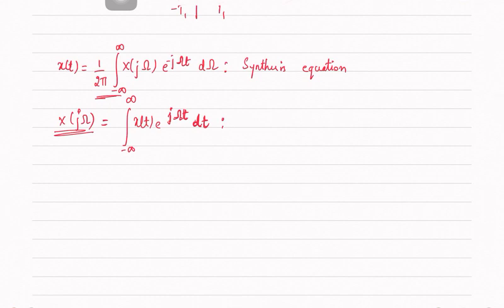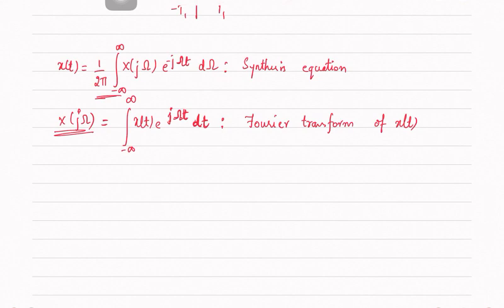Okay, and this is called the analysis equation, or this is nothing but the Fourier transform of an aperiodic signal x of t. Okay, so now x of t is aperiodic. It's not a periodic signal now, it's an aperiodic signal, right? So the theory he has developed very beautifully.